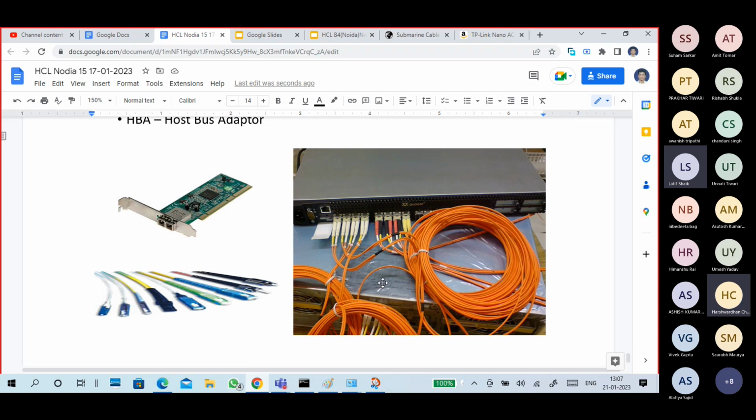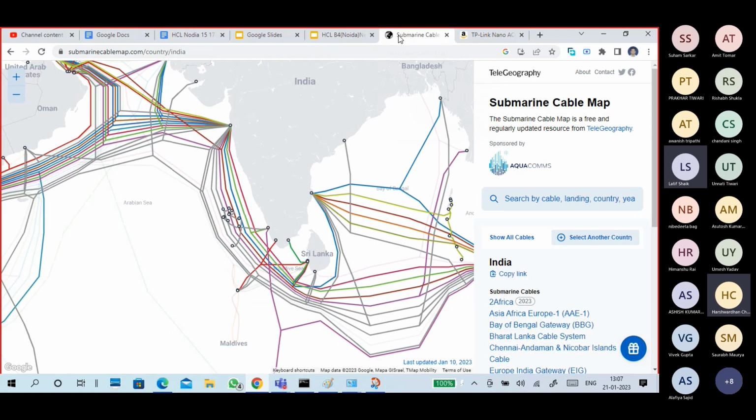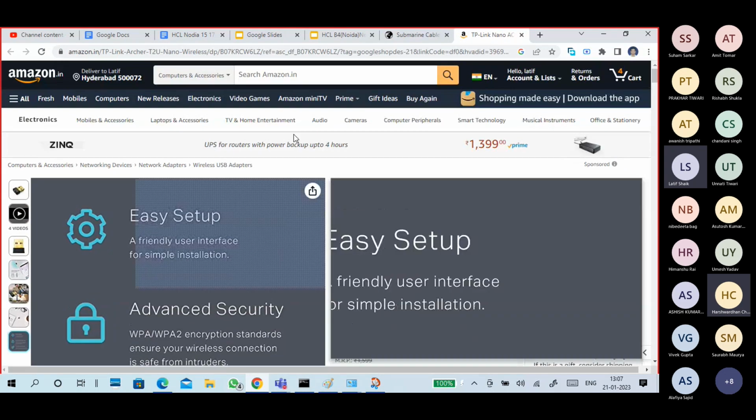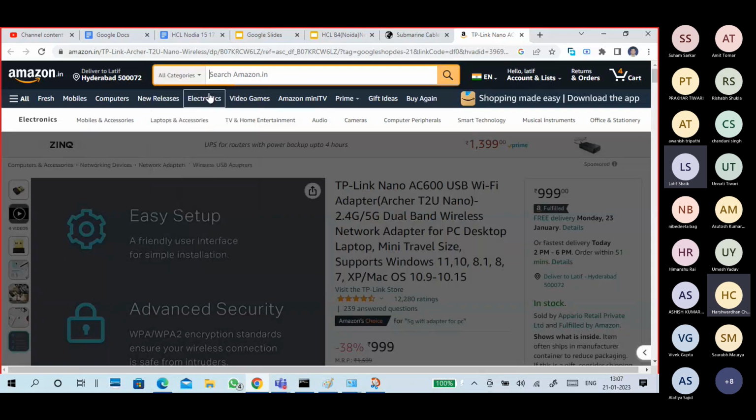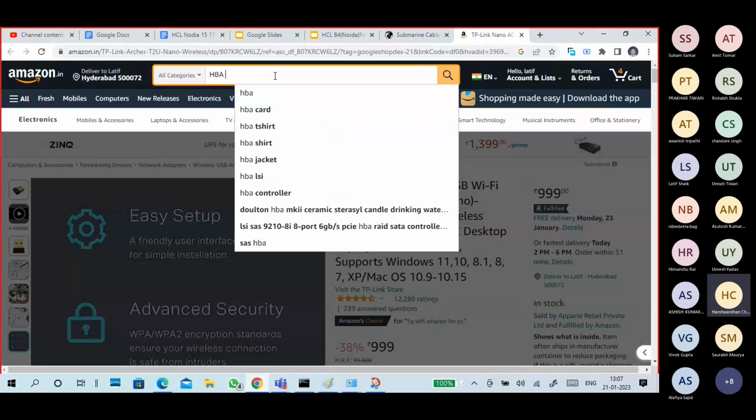For example, I have a desktop, and I want to use a fiber optic cable. Then in my desktop I have to insert a card. Normal NICs we have by default, but I have to buy this one. This is an HBA, host bus adapter. Let me go to Amazon and search HBA.